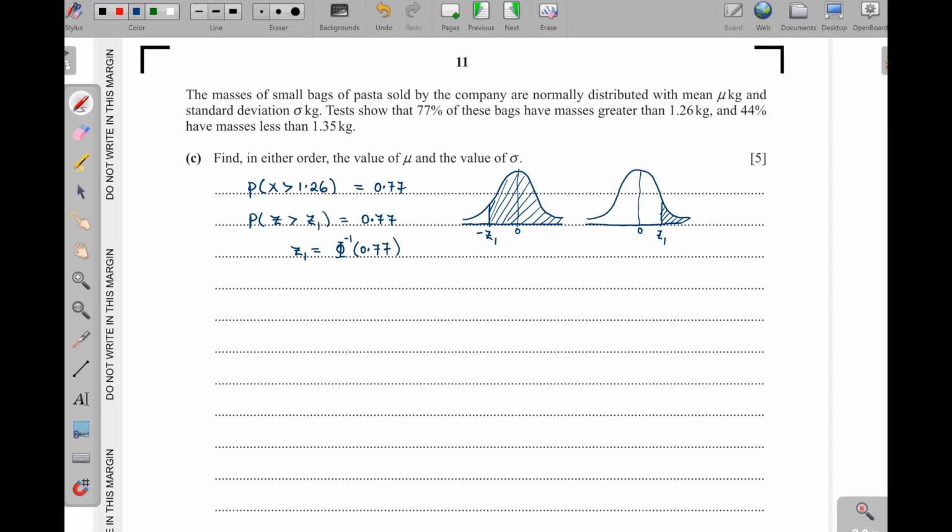Now from here, you ask yourself, which of these two can give me the 0.77? First of all, we know that for any normal distribution curve, this part here is 0.5 and this one is also 0.5. That means this one is going to be less than 0.5. Not so.